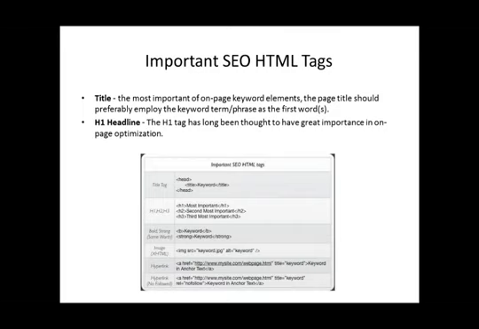So it should be kept in mind that the title tag is appropriately coded between the head tag of the URL. So the keyword should be appropriately put into the H1 or the title tag. The second most important factor when it comes to SEO is the inclusion of the H1 or the headline tag.